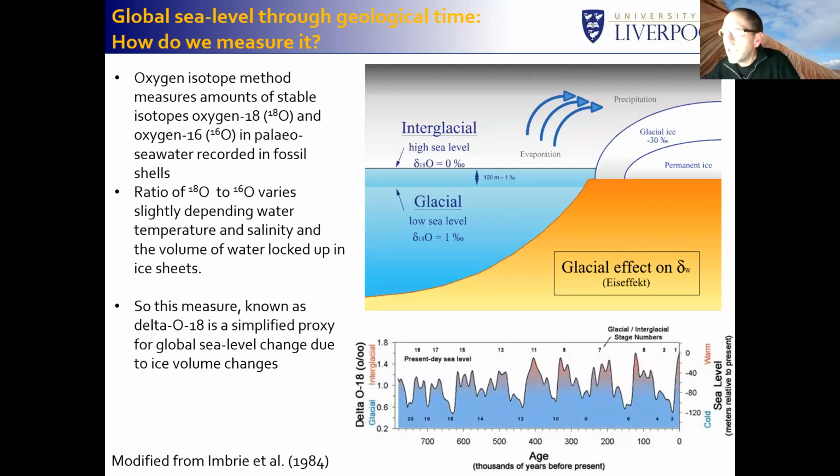But essentially, the ratio of different oxygen isotopes in seawater changes through time, and it's a proxy for water temperature. And that is therefore a proxy for ice volume and climate and sea level. And so we can reconstruct sea level history from that oxygen isotope record.